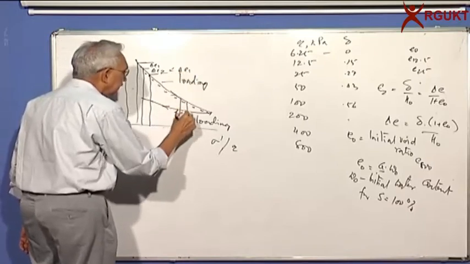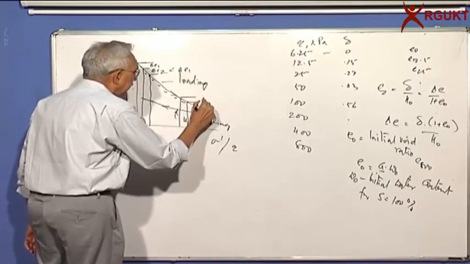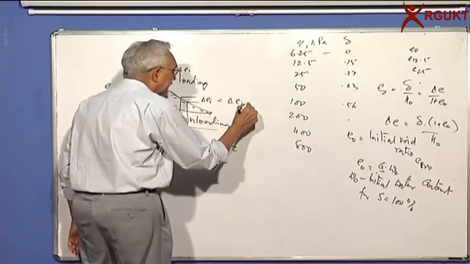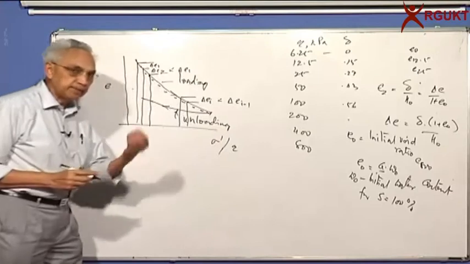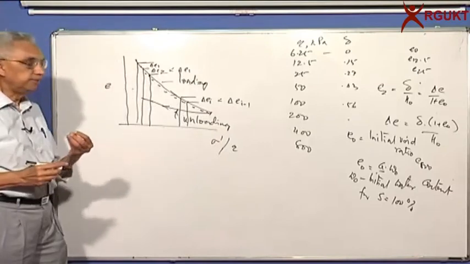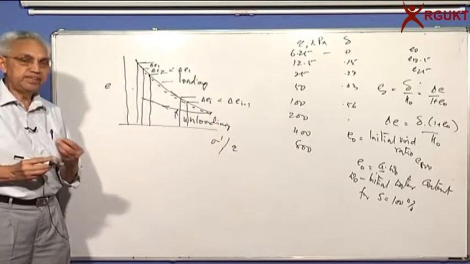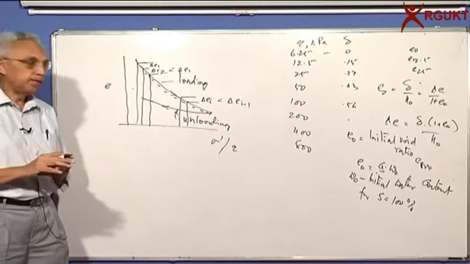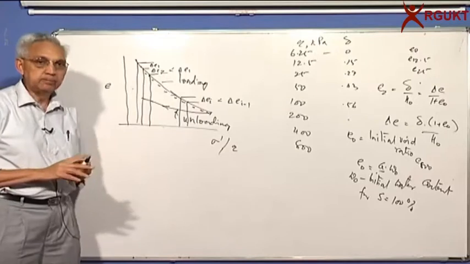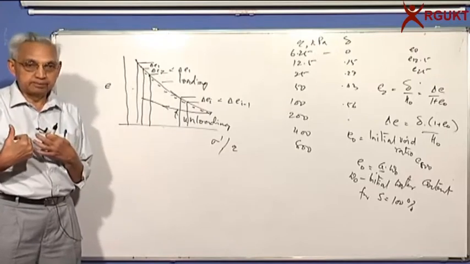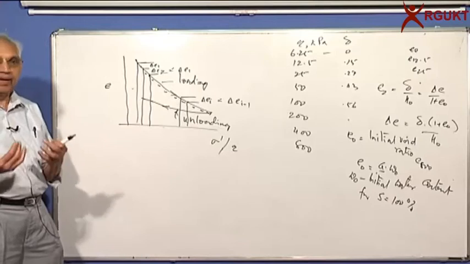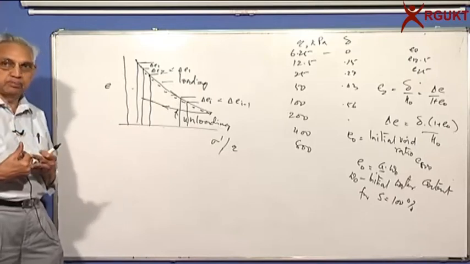Similarly, somewhere here, delta e i is less than delta e i minus 1. Each succeeding increment gives you a smaller change in void ratio, smaller settlement. Do you know why? Because if the soil has compressed, it has become more dense. If void ratio is less, soil is denser. A denser soil has less compressibility.